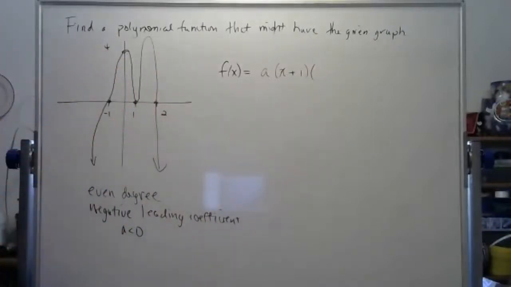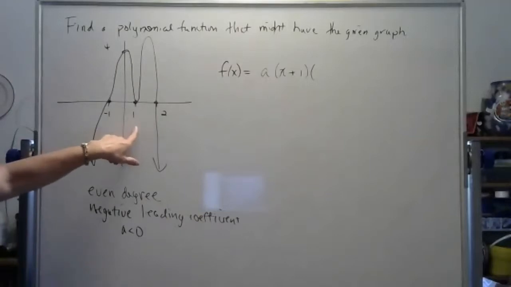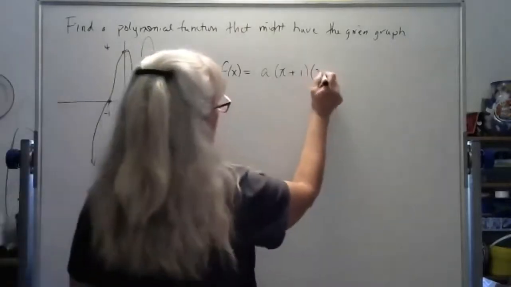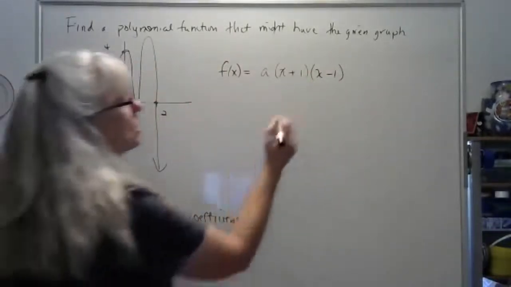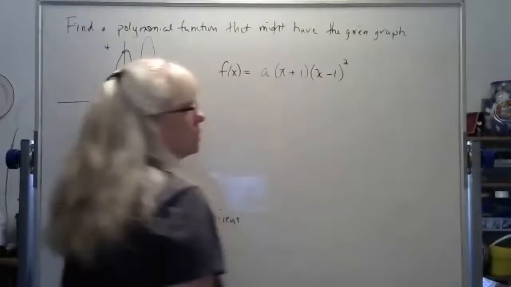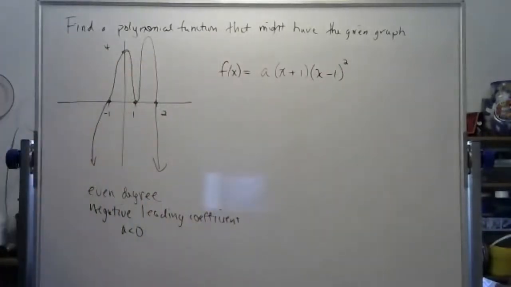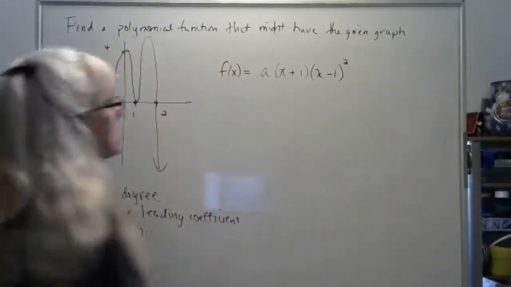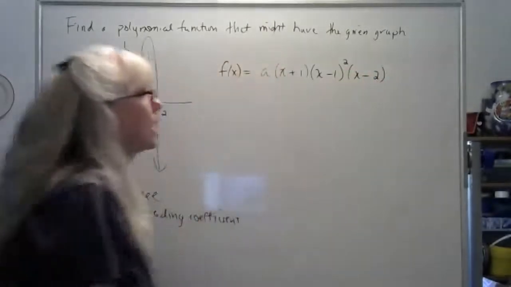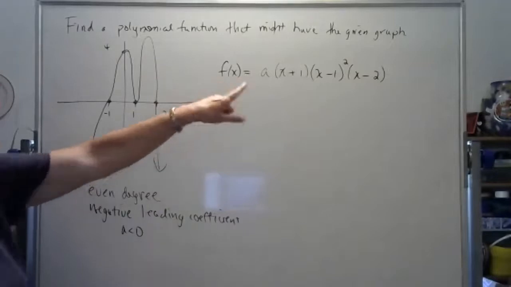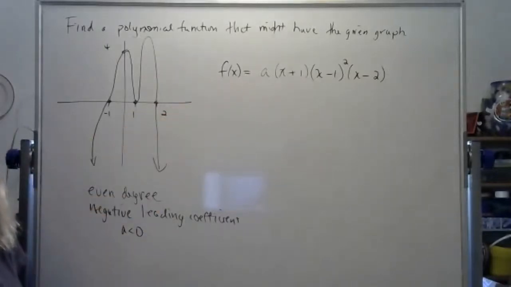Our next x-intercept is over here at +1. So that's going to come from an x -1, but the graph is bouncing or touching there, so we'll make that an even exponent of 2 because it's the easiest one to deal with. We have one more x-intercept over there at 2. That comes from x -2 as a factor, and because it's crossing, we'll leave it as an odd exponent of 1 on the outside.